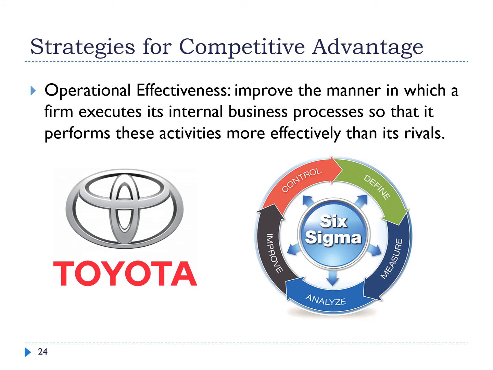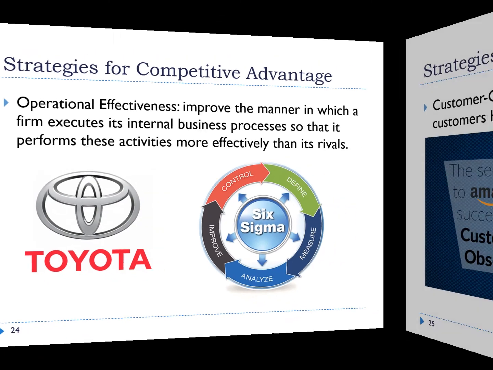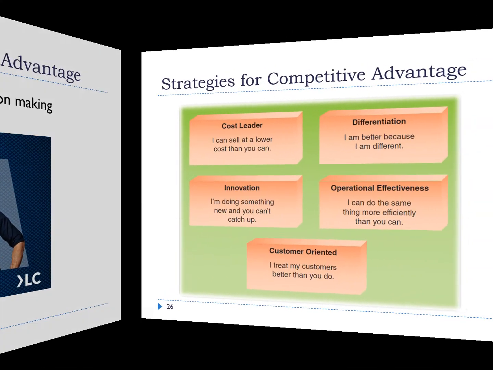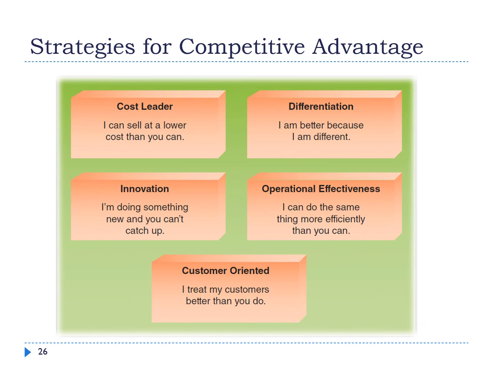This is called operational effectiveness. Customer orientation is also a good strategy, which means to concentrate on making customers happy. This figure provides an overview of the strategies that we discussed earlier.